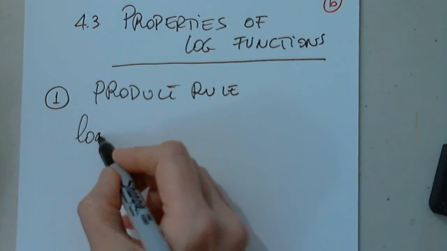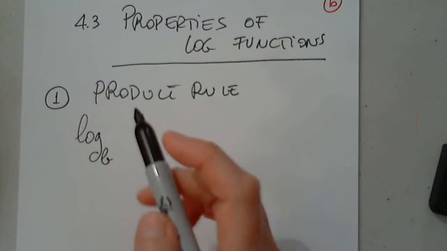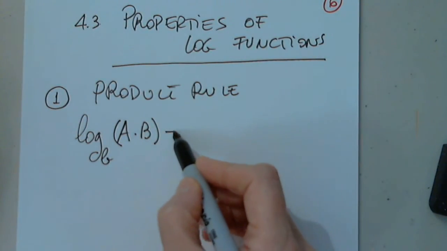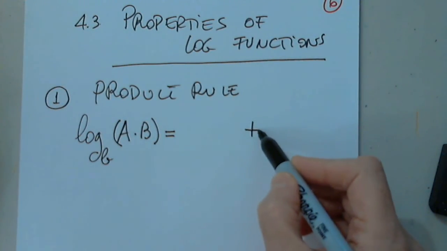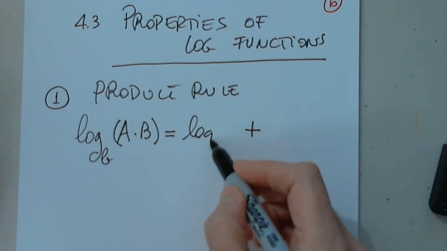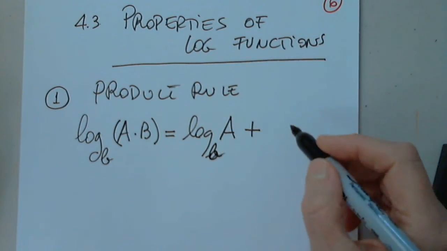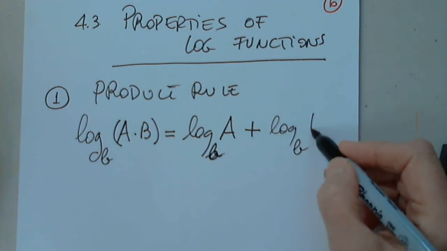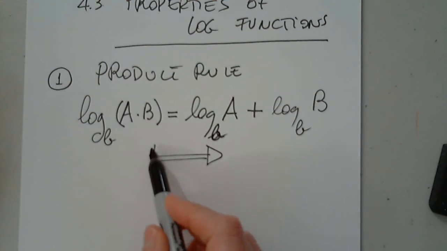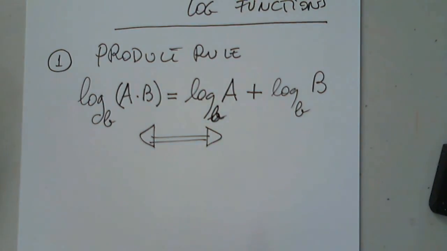If we apply log in any base, base B, of a product, A times B, this is the same thing as the sum of these two logs, log of A and log of B. These are dynamic. I can use this to write this, and this to write this.